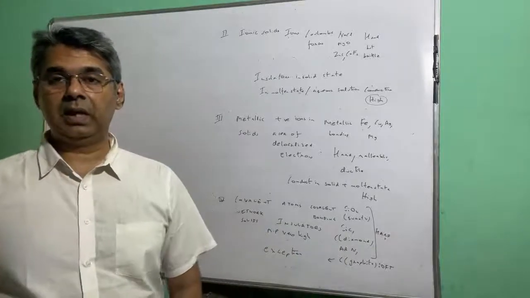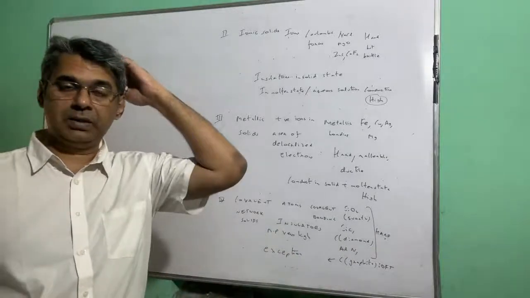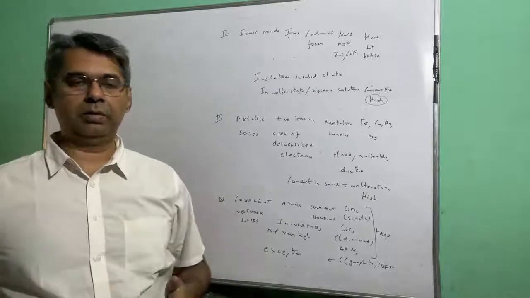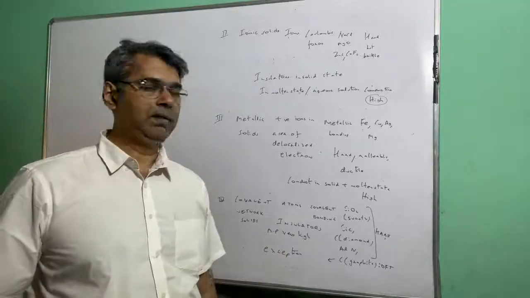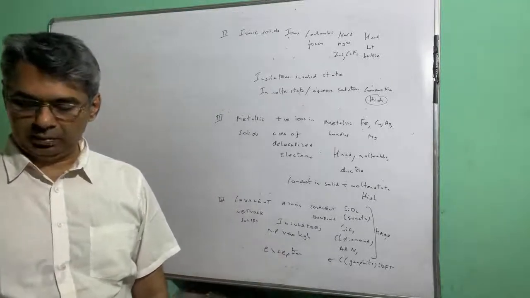In fact, graphite is soft compared to diamond. Diamond is very hard because it has a 3D network, and graphite has a 2D network.